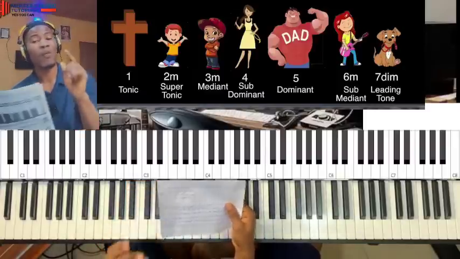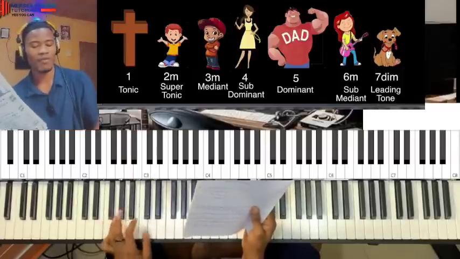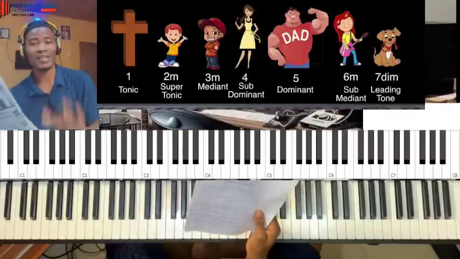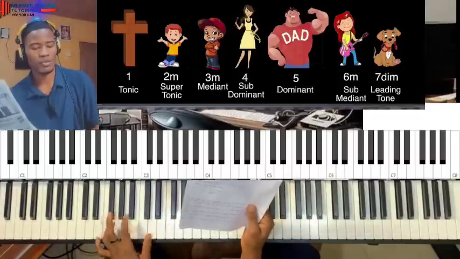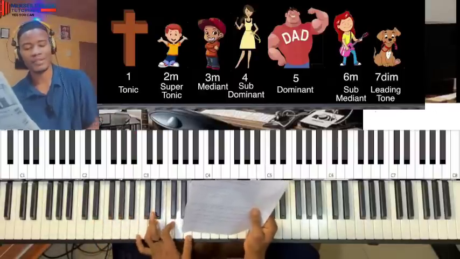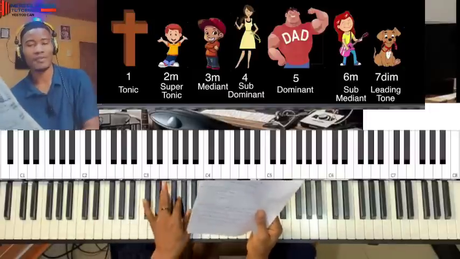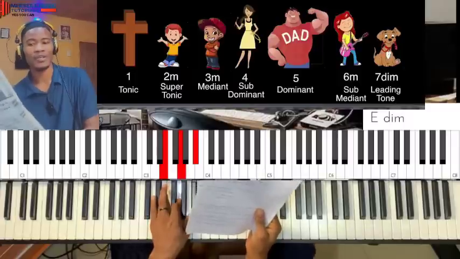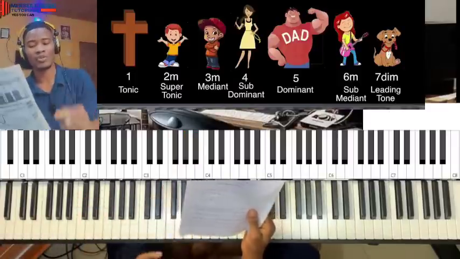Chords 1, 4, and 5 are major chords in any key you're going to be playing in. Chords 2, 3, and 6 are minor chords, while your chord 7 is a diminished chord. I've said that before, and I'm going to keep repeating it so you will always remember.